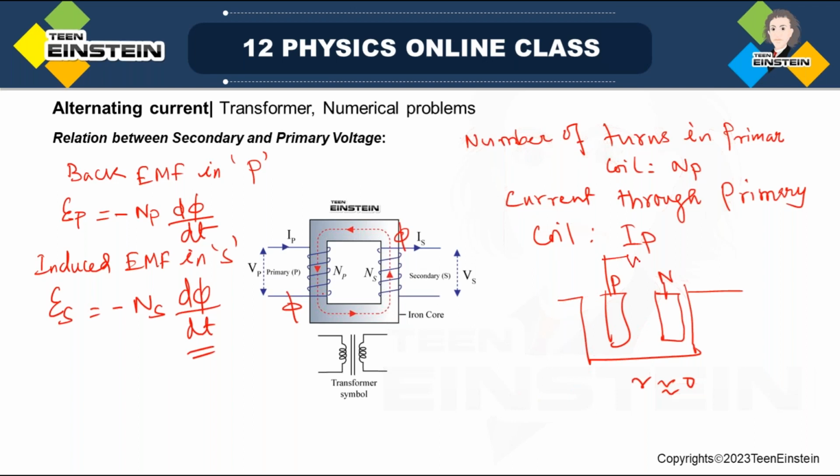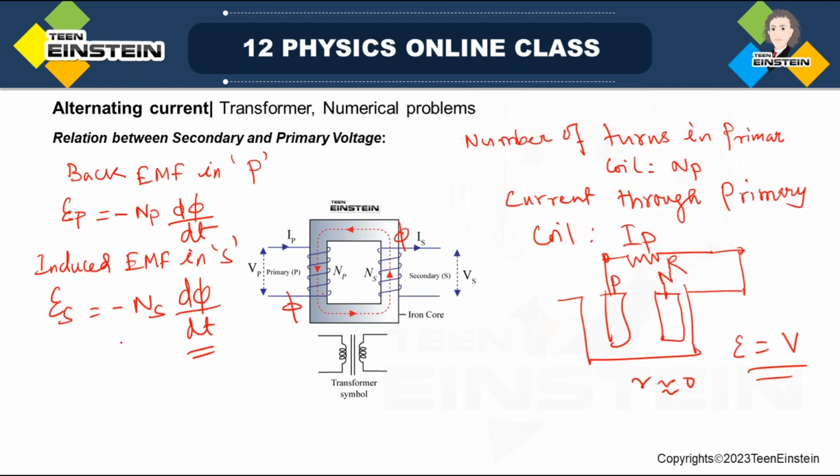If we connect this with some appliance or external resistance R, then the EMF across the open terminals, E, will be equal to V, because the internal resistance is negligible.